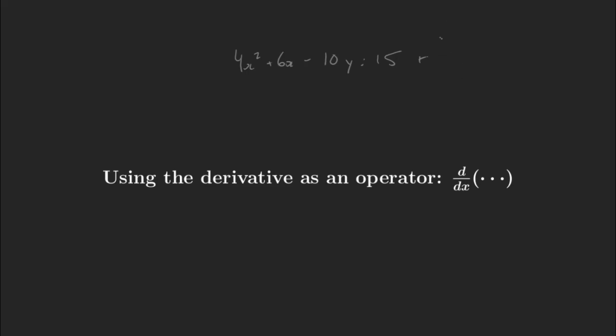What we can do is say, like, maybe I don't want fractions in here. And so we can multiply both sides of our equation by 3, right? And then we end up with 12x squared plus 18x minus 30y equals 45 plus 7x.